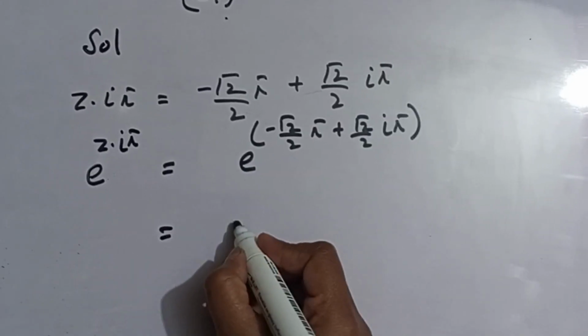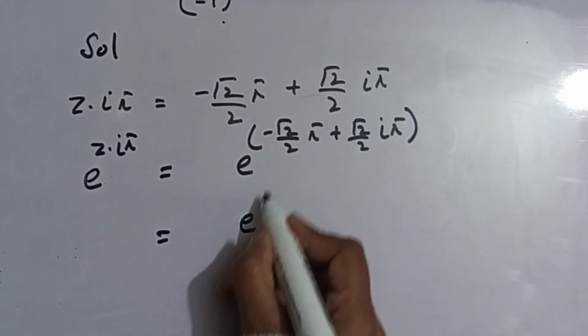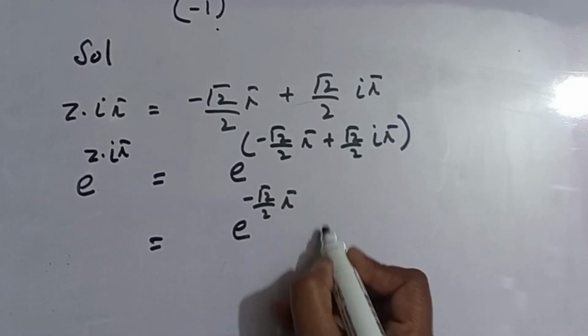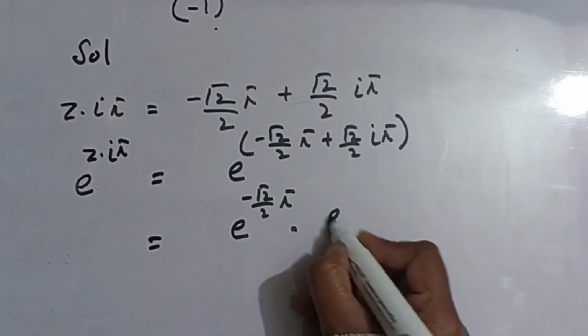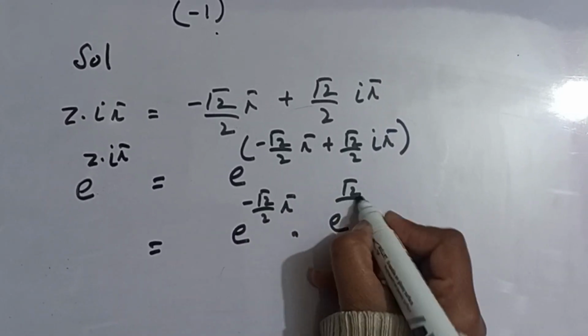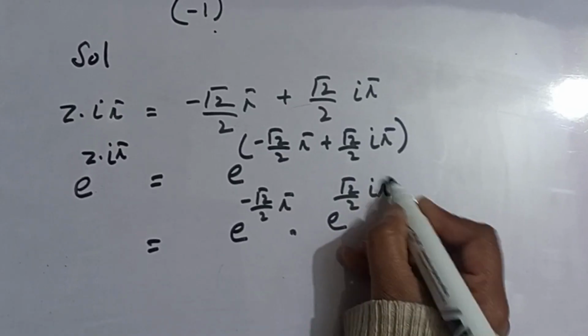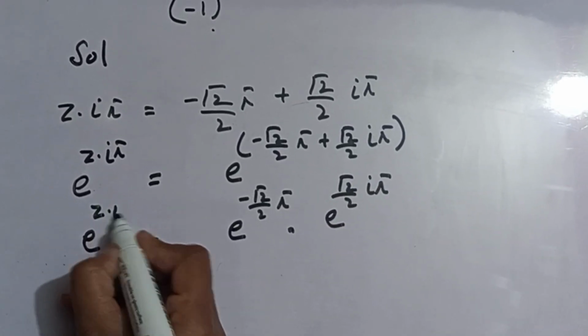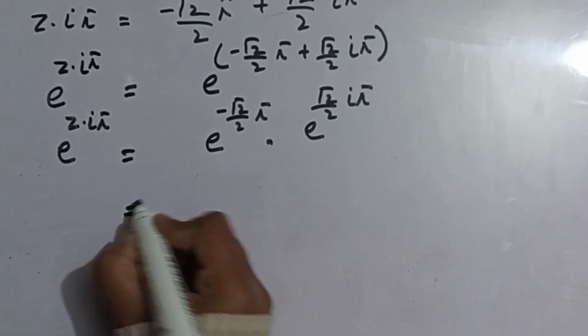We write this right hand side as e raised to the power minus square root 2 over 2 pi multiplied by e raised to the power square root 2 over 2 iota times pi. This is equal to e raised to the power z multiplied by iota times pi.